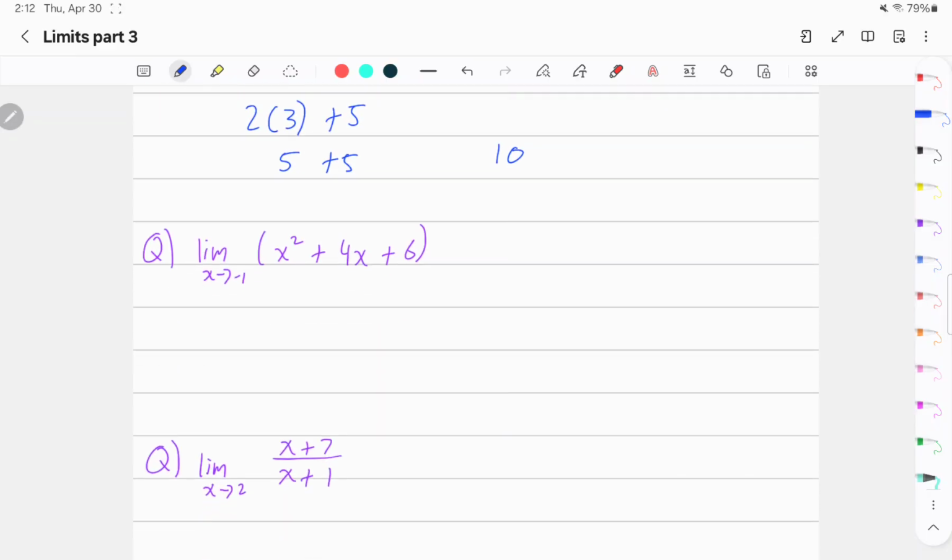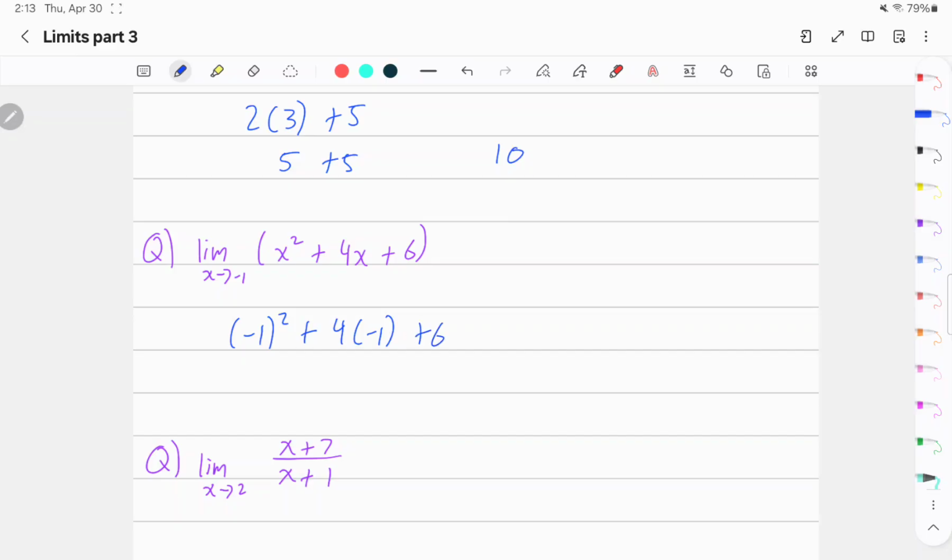And there could be a variety of algebraic expressions. There could be reciprocal functions. There could be quadratic functions like the second question. But the idea is still the same. Just plug in your value and see what's going on. So in this question, I plug in -1, and I get (-1) squared plus 4 times -1 plus 6.